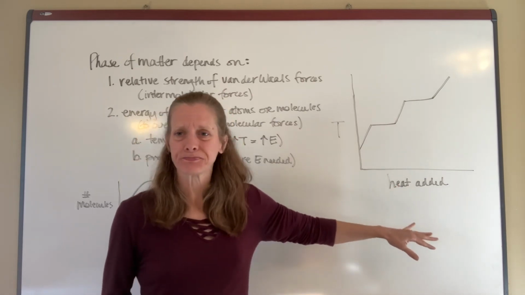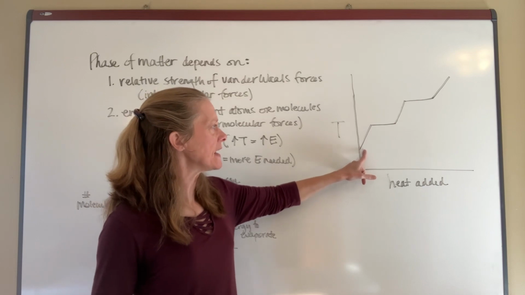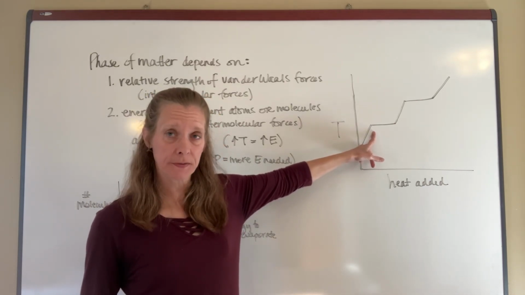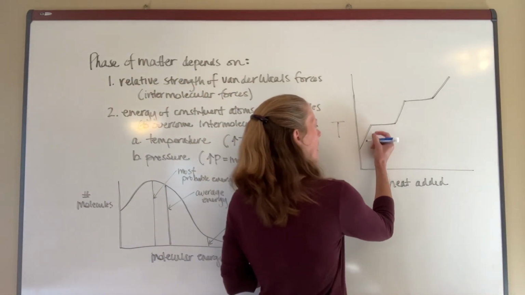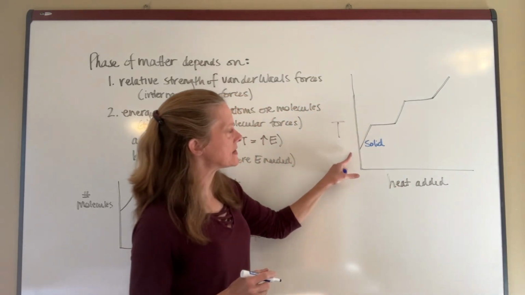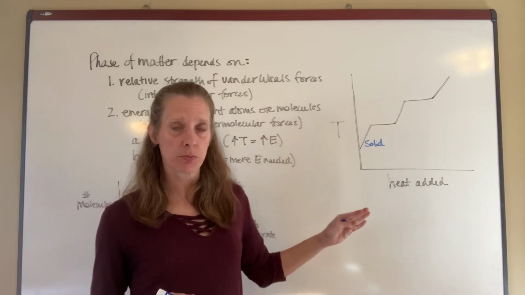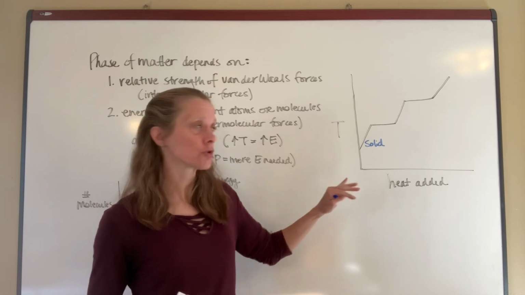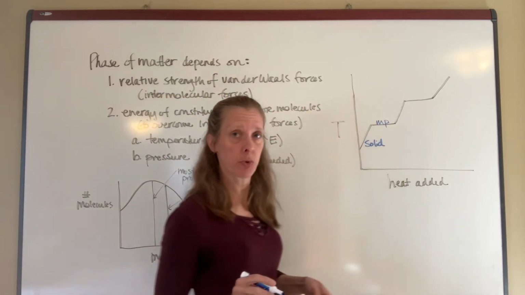This is a heating curve, and so from here to here is where I have a solid, and I should probably write that in. Here I'm going to have a solid, and I'm going to raise the temperature of that solid gradually. Eventually, the temperature rises enough so that that solid is going to start to melt. So right here is my melting point.